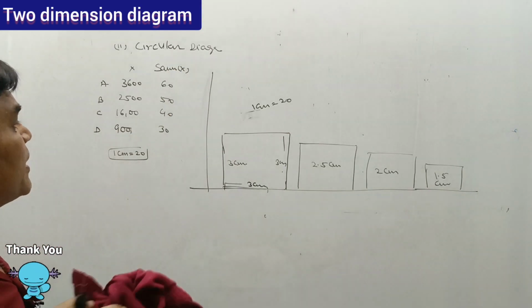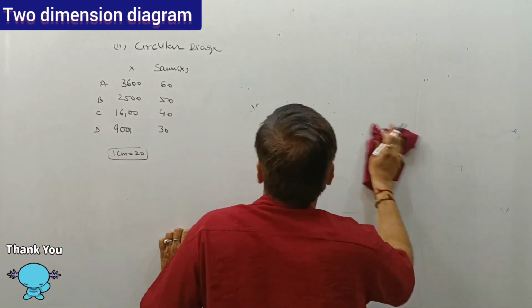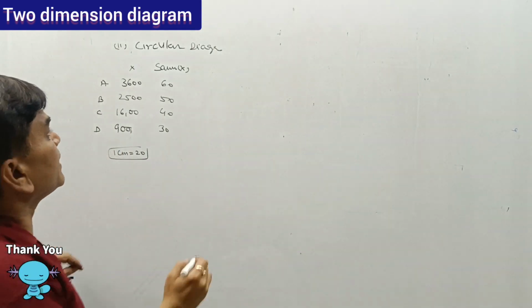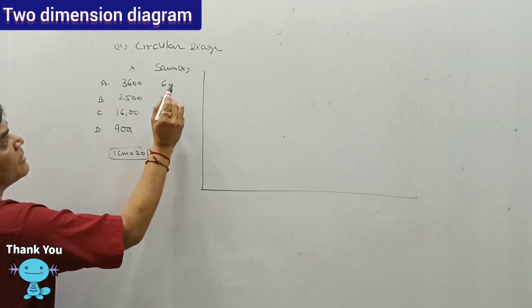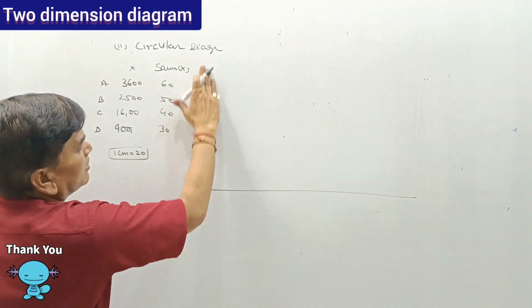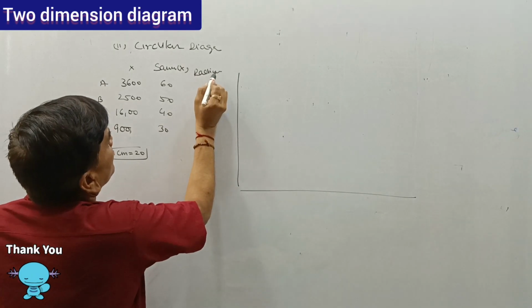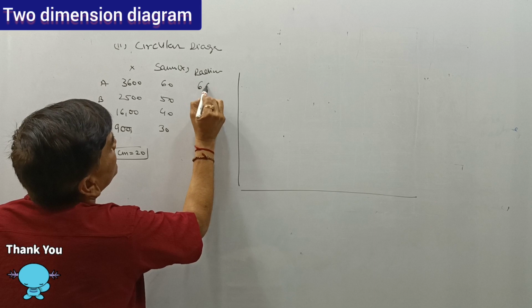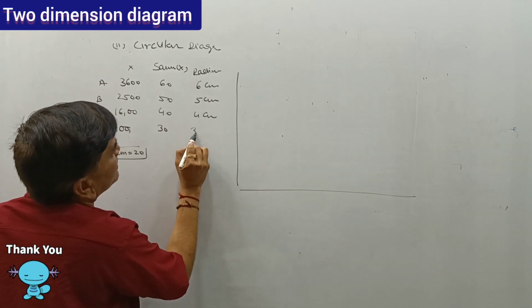In such a diagram, the radius is important. Suppose we are taking 6 centimeter radius, 5 centimeter radius, 4 centimeter radius, 3 centimeter radius.